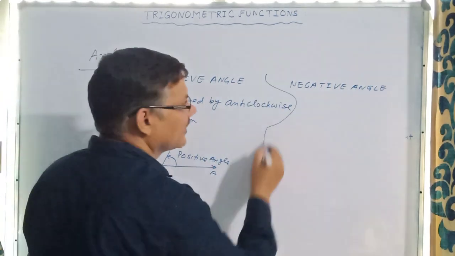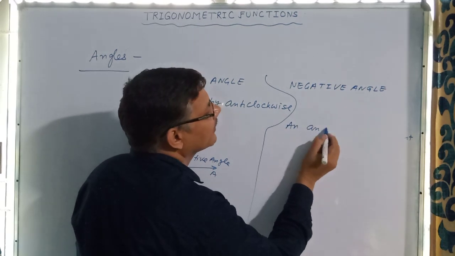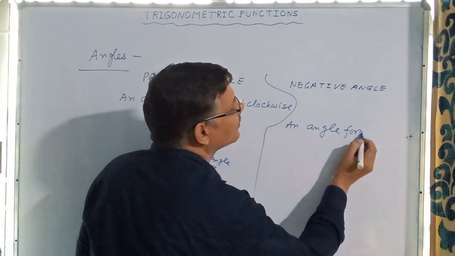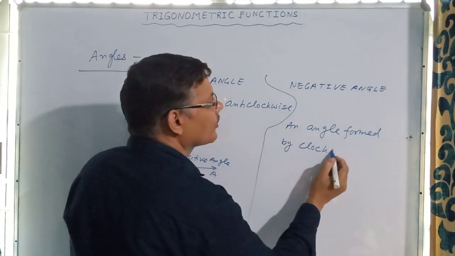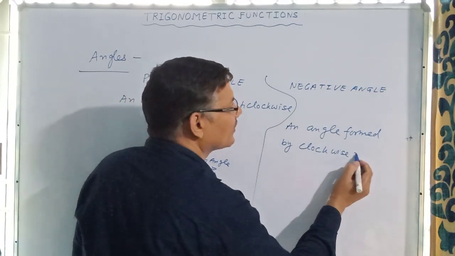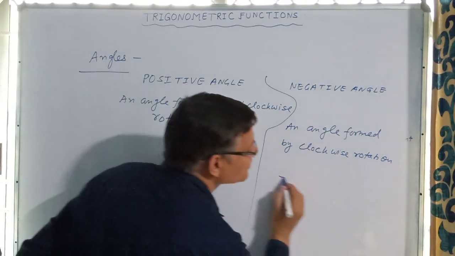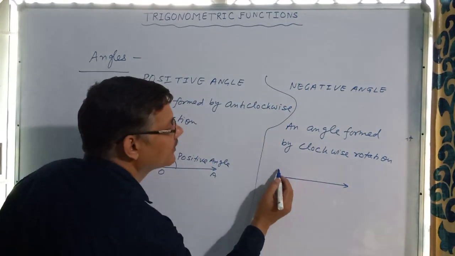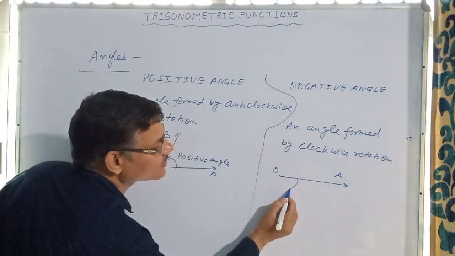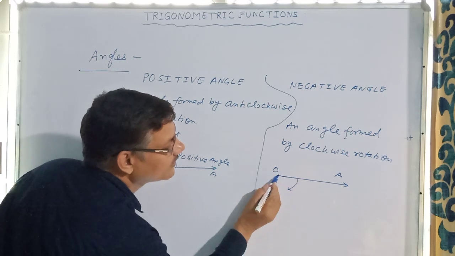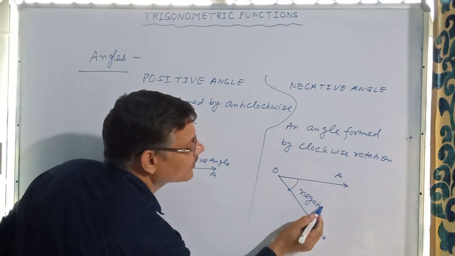At the same time, a negative angle means an angle formed by clockwise rotation. So if this is the position of the initial side, called OA, and it rotates in this direction to attain a final position OB, then it is called a negative angle.